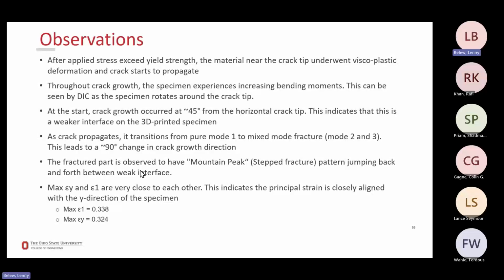But then you see, once you hit that peak, it changes 90 degrees, and that's basically the initial mode 1 fracture switching and mixing with mode 2 because of how much the piece deforms. So it snaps to that other layer orientation and then travels some more.